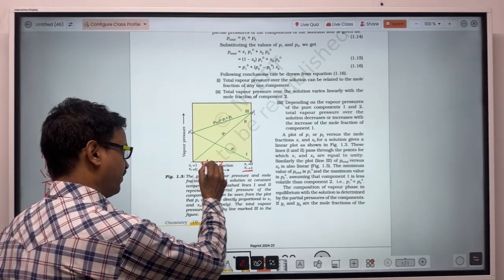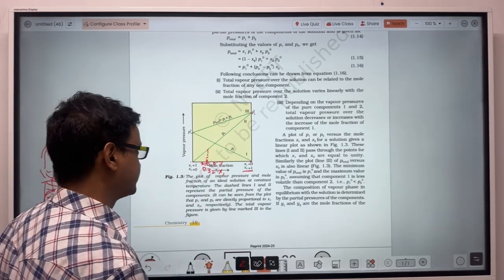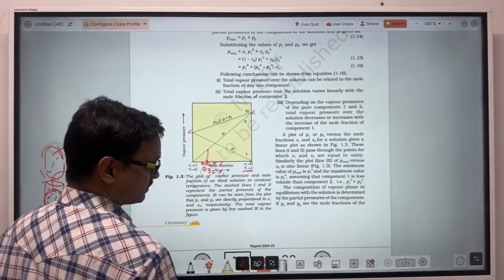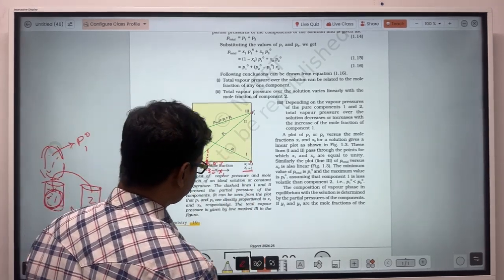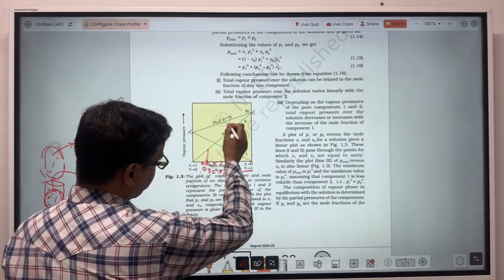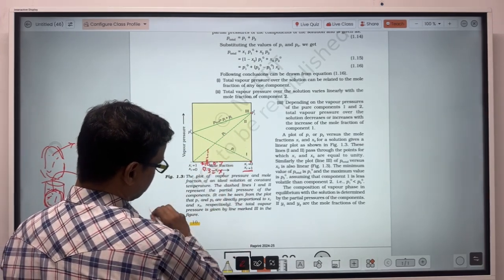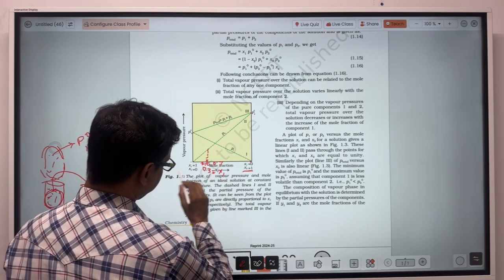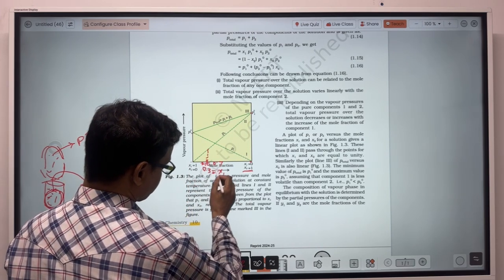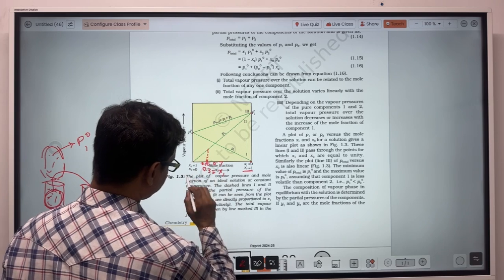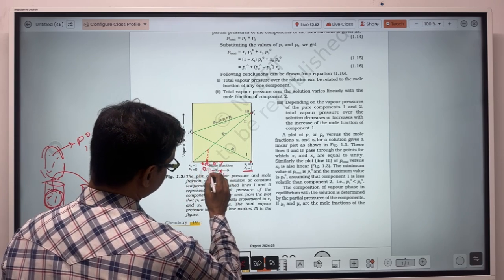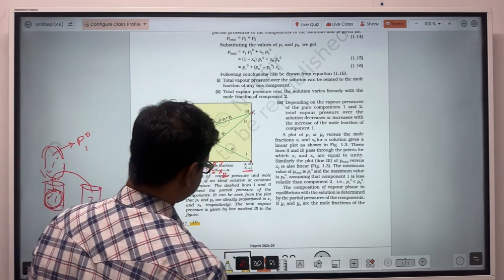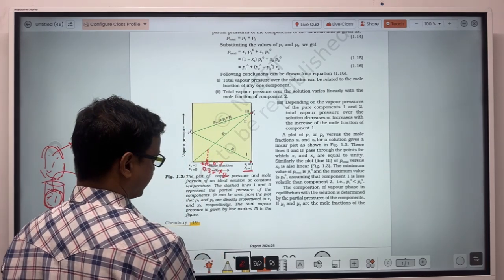Now, when you go on this graph, this is the graph of P2, the partial vapor pressure of liquid 2. So the vapor pressure of liquid 2 is found when the mole fraction of liquid 2 is 0.3, and that of liquid 1 is 0.7.